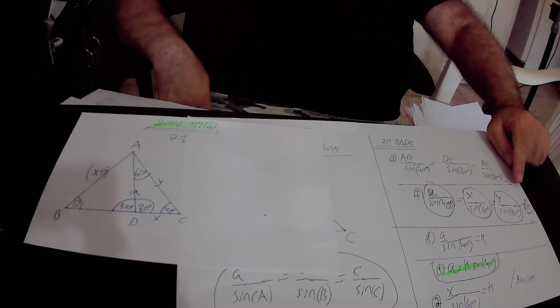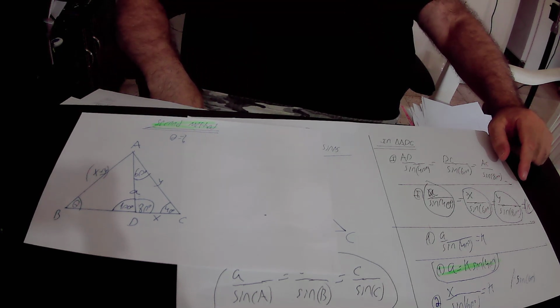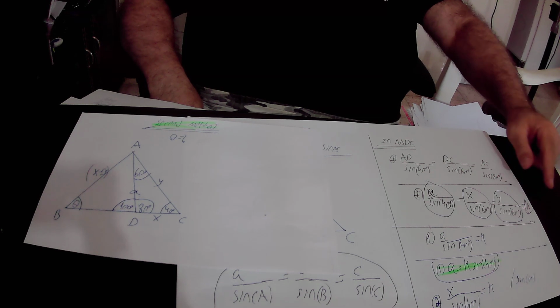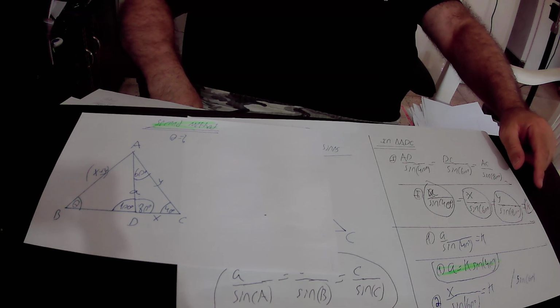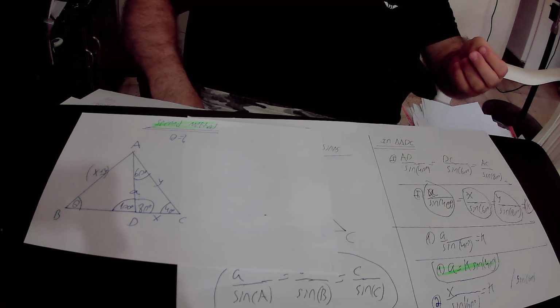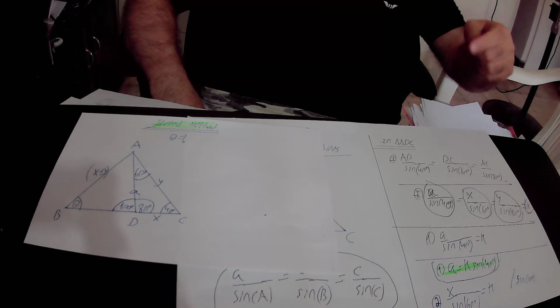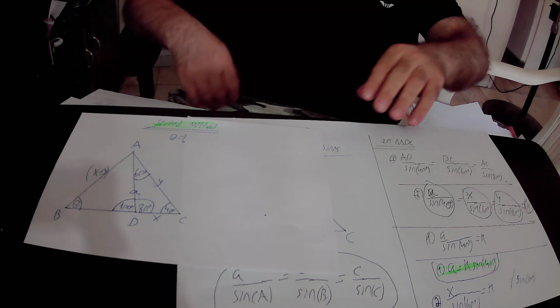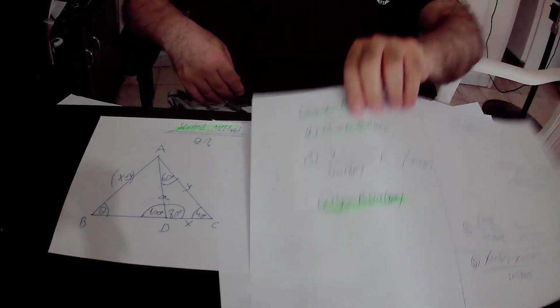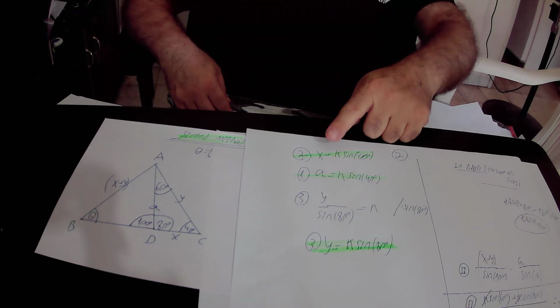Then we defined this expression to be equal to K. We created three different equations from this long equation, and from the three different equations we found the values of A, X and Y. So those are the values of X, A and Y.